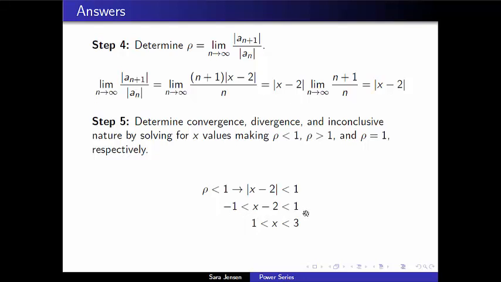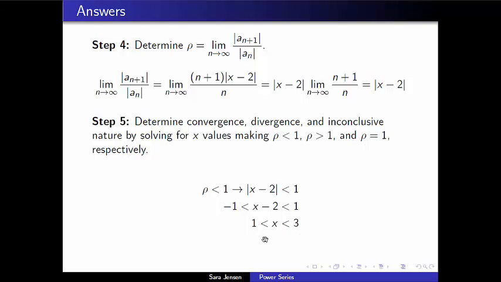Adding 2 to all sides of this inequality gives us that we will for sure have a convergent power series when we plug in values for x that are between 1 and 3. Similarly, we're going to have a divergent power series if we plug in values for x that are less than 1 or greater than 3, because our ratio test is inconclusive when our rho is precisely equal to 1, when x is precisely equal to 1 and equal to 3.